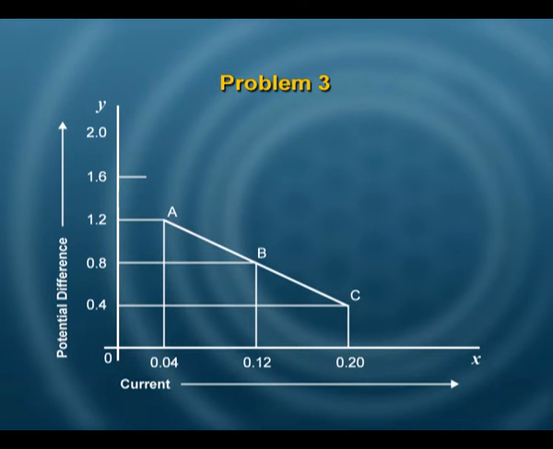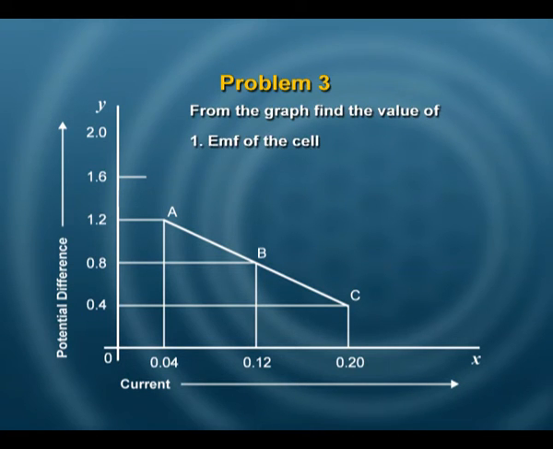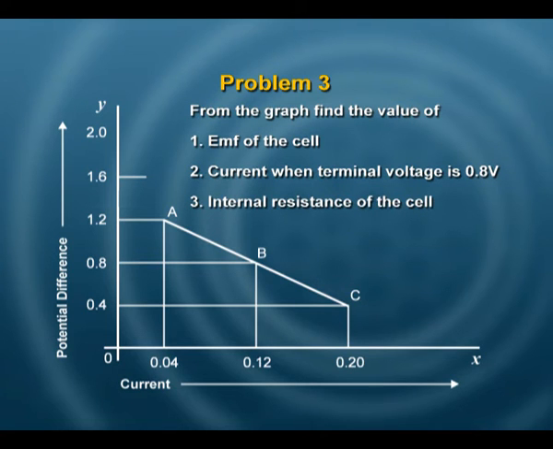We can take another problem. Supposing we are given a graph with values such as this one and asked to find the value of EMF of the cell, the current when the terminal voltage is 0.8, and the internal resistance of the cell. What will we do? We will extrapolate this line and see where it touches the y axis.